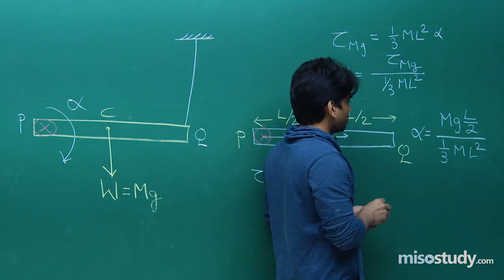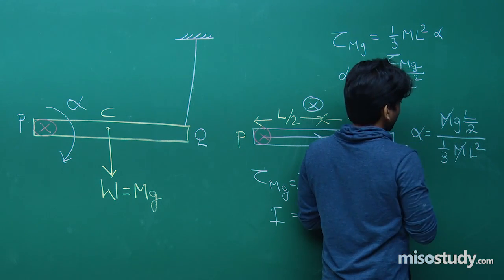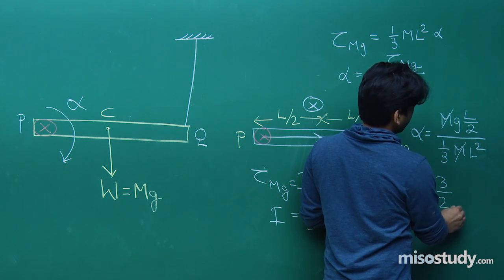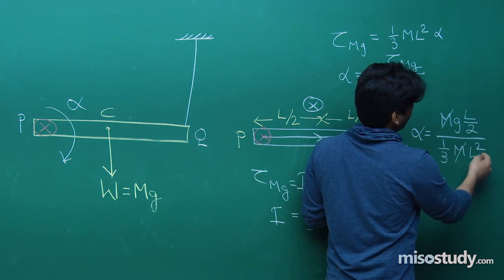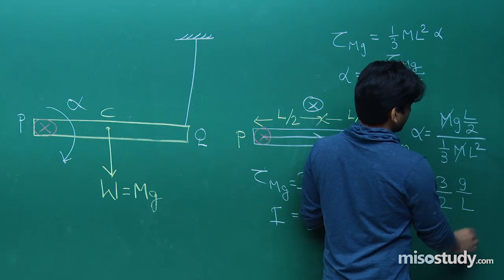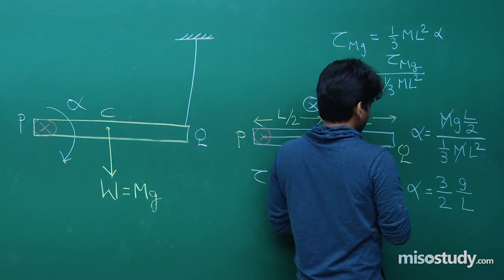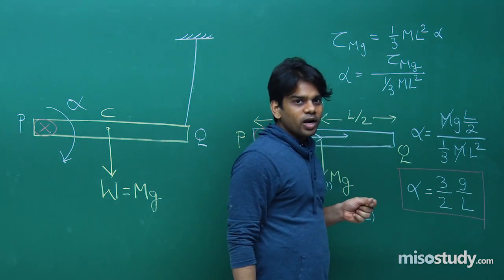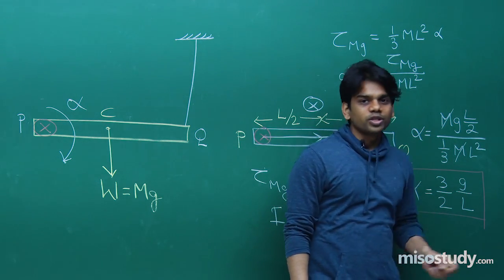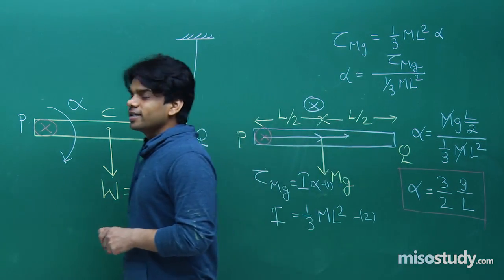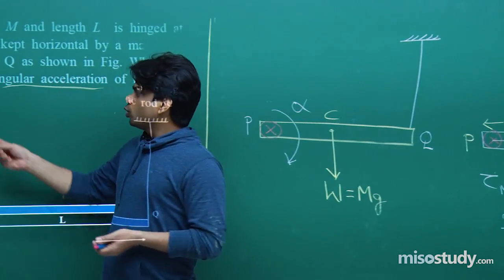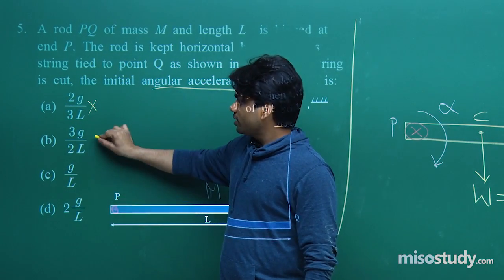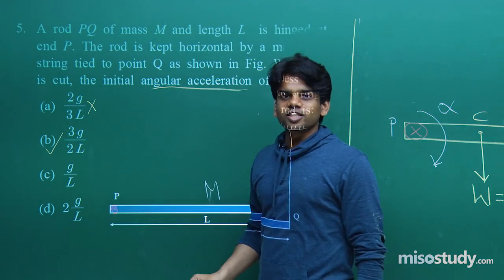So from here you can remove m and m, you will get 3 by 2, and one L will be cancelled out, g by L. This is what we are getting, the value of alpha is 3 by 2 g by L. I hope that you have obtained the value of angular acceleration 3 by 2 g by L. Let's check which option is matching. A, 2g by 3L, incorrect, that is not the right answer because we have obtained 3g by 2L. Yes, that's the right answer, 3g by 2L.